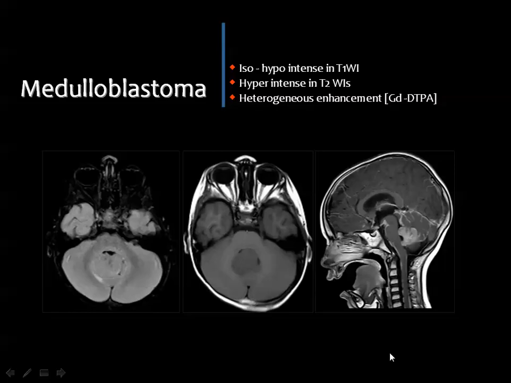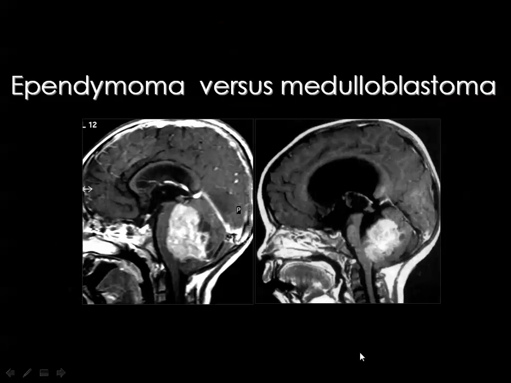This is the medulloblastoma by MRI, and you can see this is the FLAIR image, a relatively mild increased signal of the tumor. And on the T1 weighted image, the tumor is almost iso-intense to the brain parenchyma with homogeneous post-contrast enhancement.